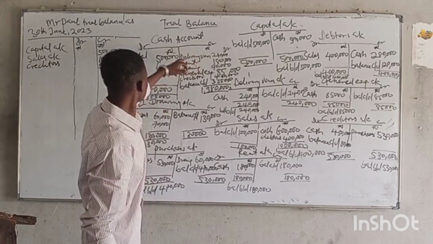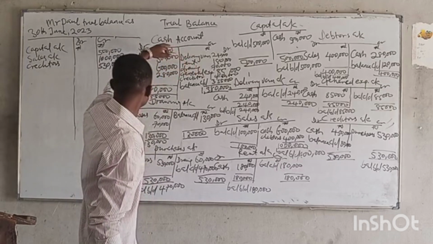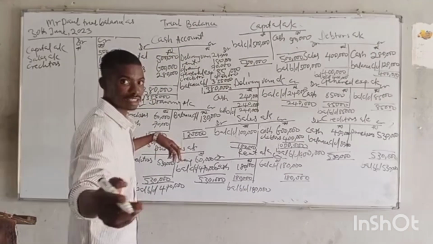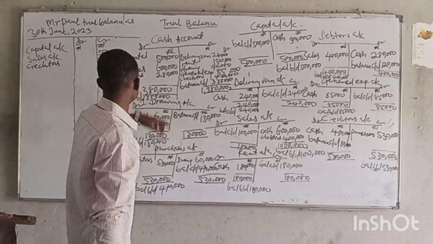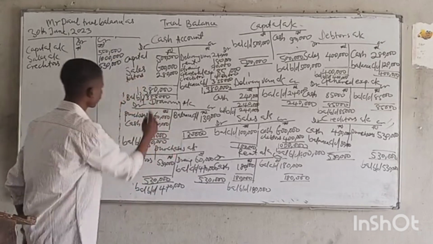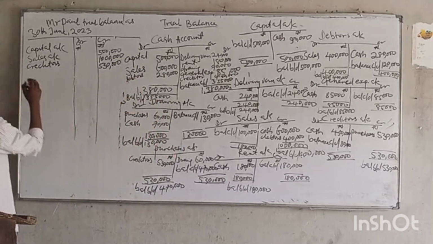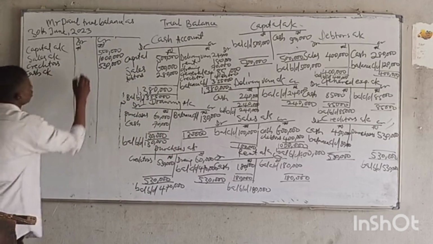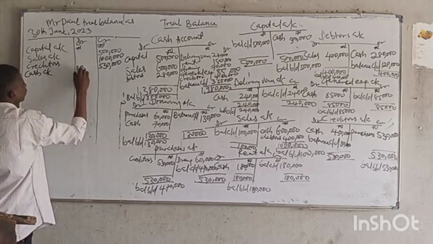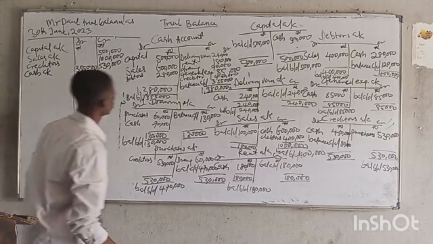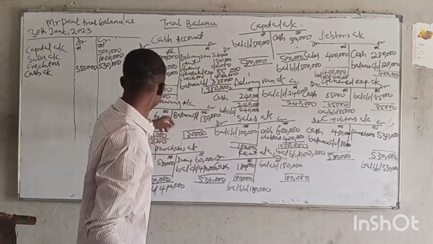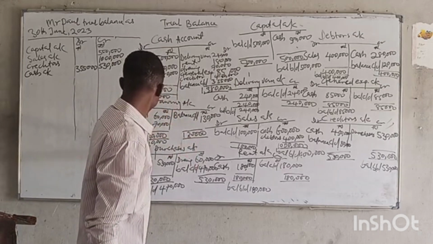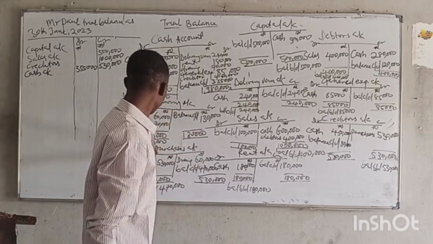Then the cash account. Cash account has its balance brought down at the debit side. Of course, cash is an asset account and always has a debit entry, and the amount is 355,000. So now say cash account, 355,000. The next ledger account is drawing, and it has its balance brought down at the debit side, 130,000.